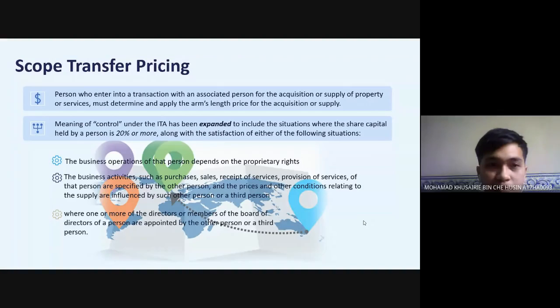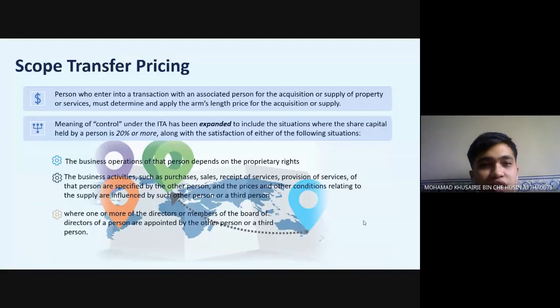In other words, the law requires the taxpayer to determine and apply the arm's length price on controlled transactions, following which the Director General of Inland Revenue is empowered to make adjustments to the transaction to reflect the arm's length price by substituting the transaction price with the arm's length price. Arm's length will be explained in more detail by Firdaus later.